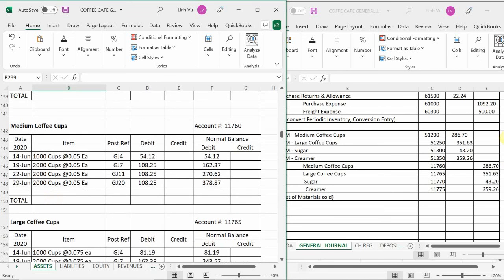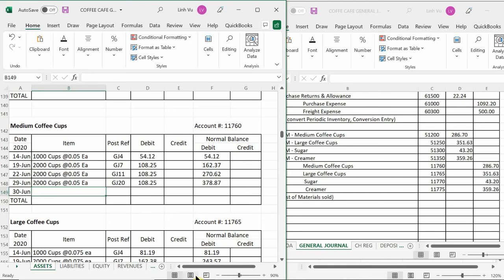Okay. Starting with the medium coffee cups. So in this case, you can do your math here too. How many cups do you actually have? You have a total of 7,000 cups.